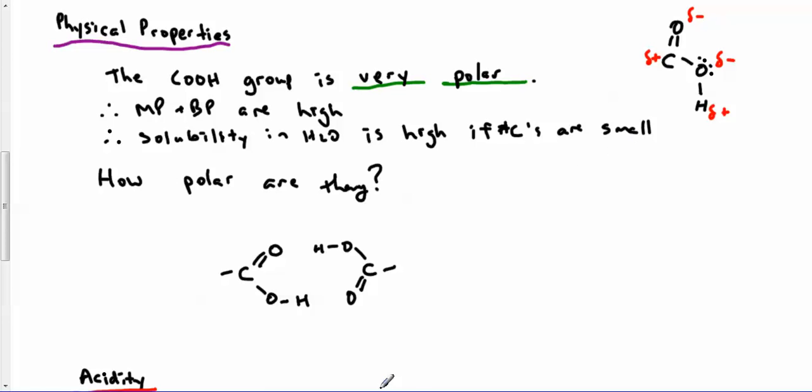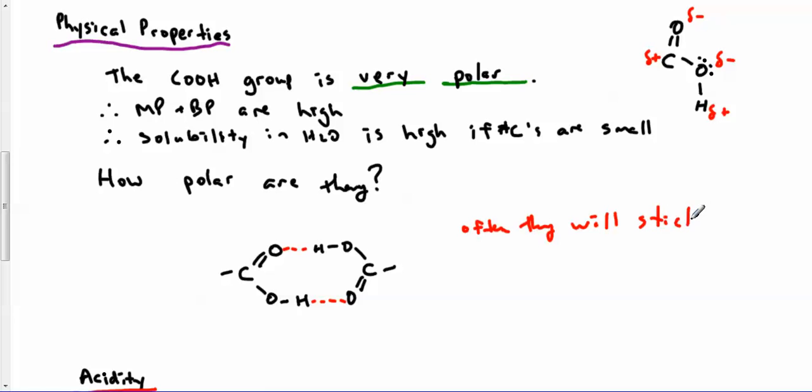How polar are they? Often one molecule's carboxyl group will line up with another one's, and I will get this thing's negative and this is positive, so I will get attraction here and here, and often they will stick together.